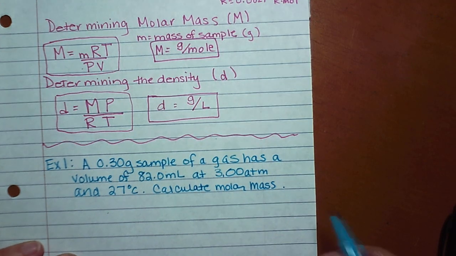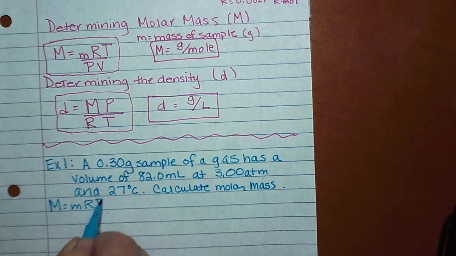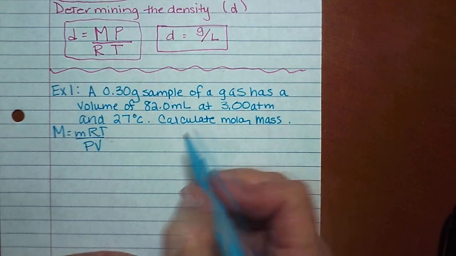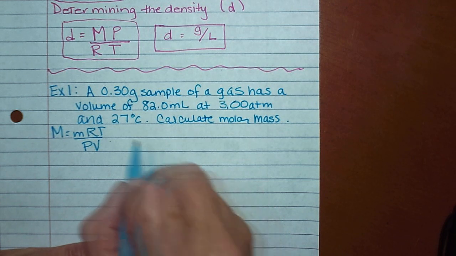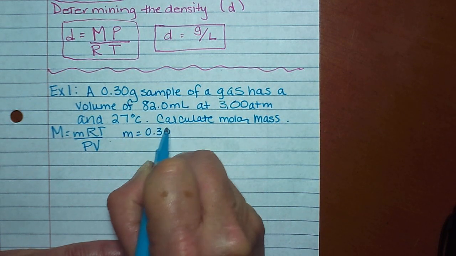All right, so we're going to be using molar mass is equal to mass of the sample, RT, over PV. This is Mr. T over PV. See, Mr. T over PV. That's how I remember it. Molar mass equals Mr. T over PV. Okay. Now, my lowercase m is equal to 0.30 grams.